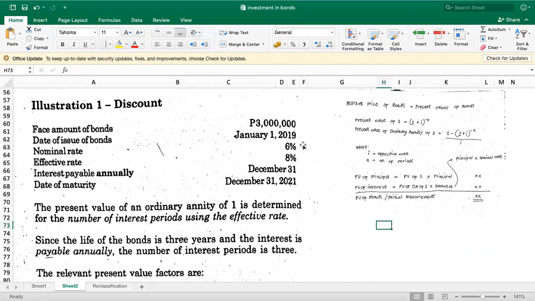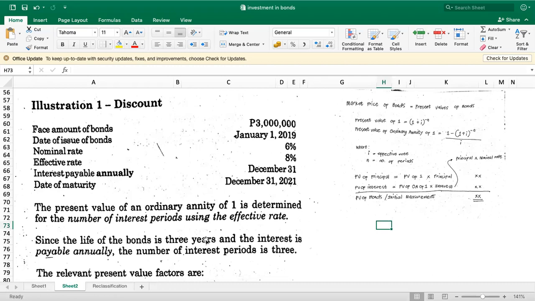Di ba? The face amount of the bonds is greater than the cost of the investment or the initial measurement. So may guide na kayo na dapat yung initial measurement natin is lower than 3 million. Okay, because there's discount. Why there's discount? Because the effective rate is greater than your nominal rate.